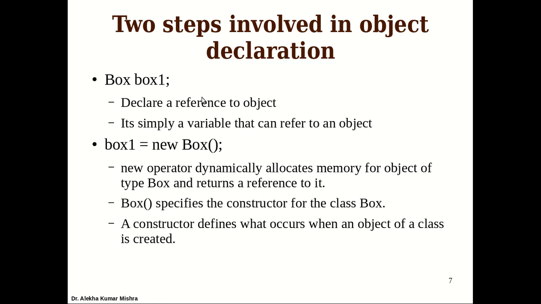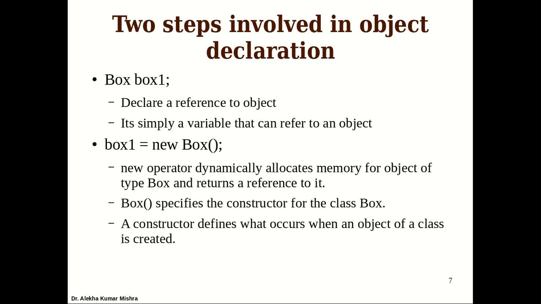Number 1, Box, the class name, and box 1. Actually, what happens here is we declare a variable, a reference to the object. It's simply a variable, but till now box 1 doesn't hold any memory. Box 1 is just a variable created, not yet initialized in memory, where it will hold a reference to this memory.